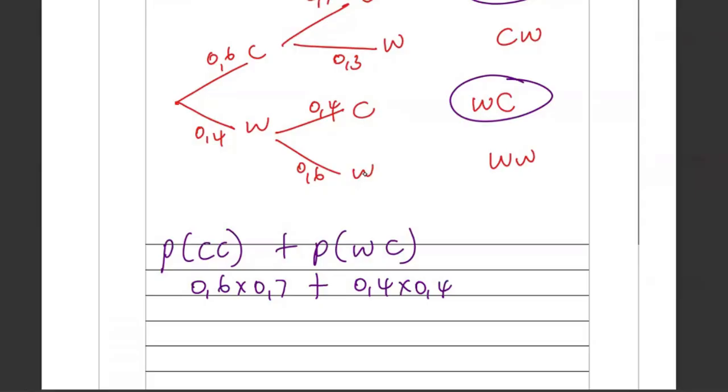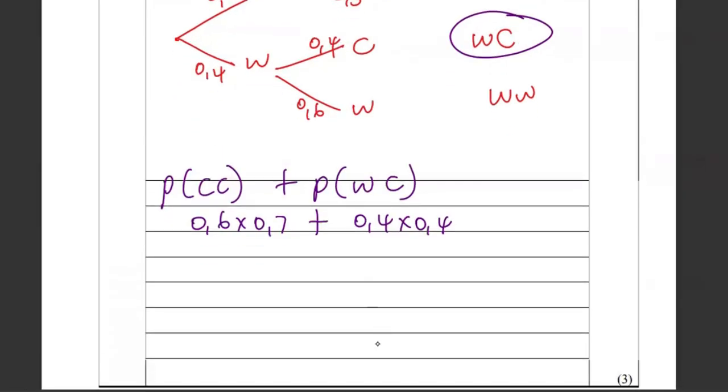So just punch everything into the calculator, and then we end up with our answer. So this is a 0.42 plus a 0.16. Is that correct? 0.6 times 0.7. 0.4 and that. So when I plus that, I'm getting 0.58. I hope that is what people got.